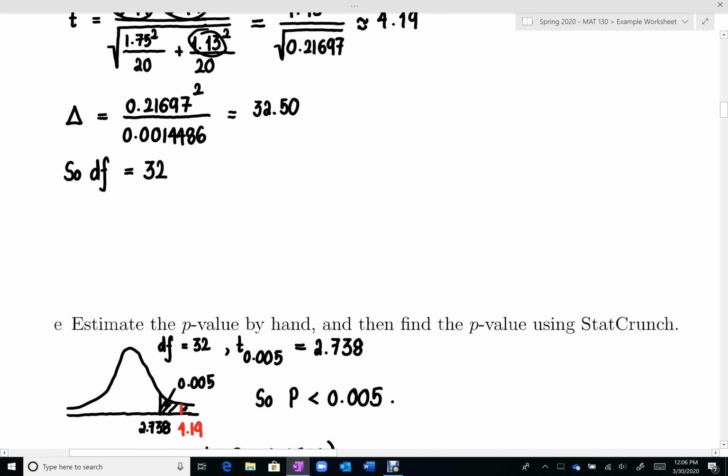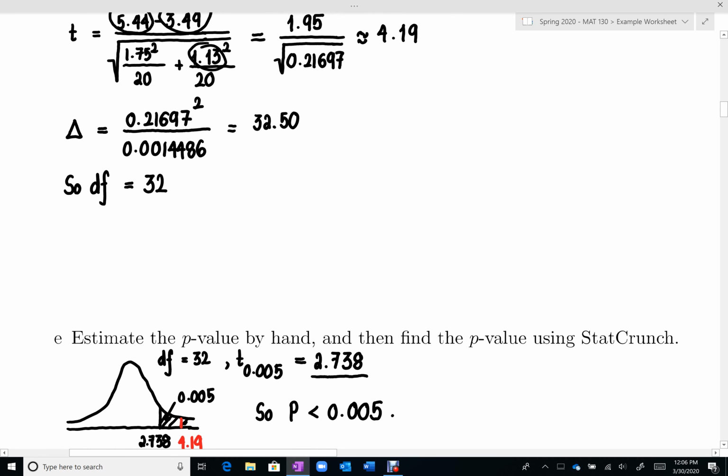And remember, the table for t-values is limited. So in this case, when we're looking at degree of freedom 32, we realize that for t-value 2.738, the area to the right of 2.738 is going to be 0.005.